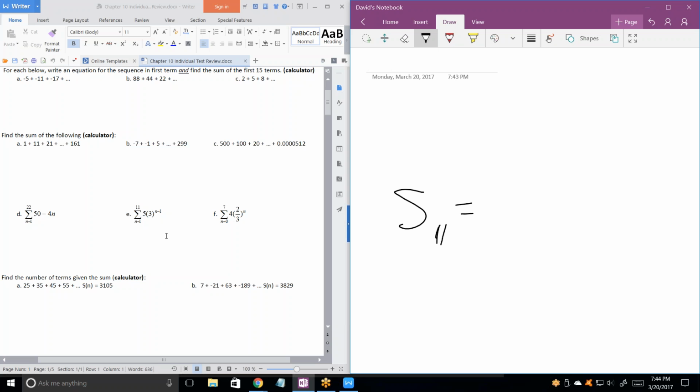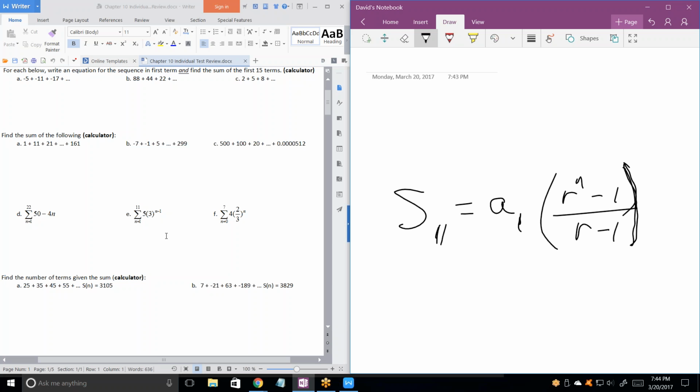What's it equal to? A sub 1 times what? And this time we'll do it your way. R to the nth minus 1 all over R minus 1. And I'm going to do it this way because in this case our R is a number bigger than 1.